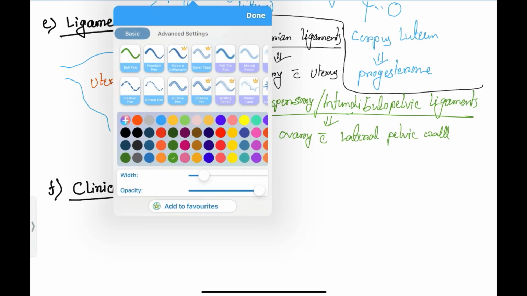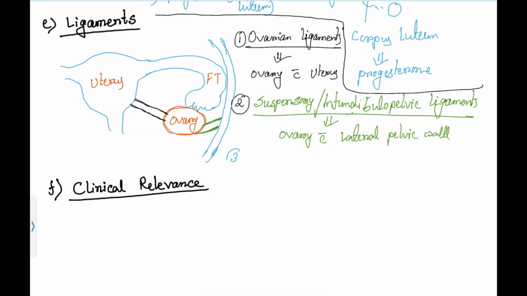Now your third ligament. The third ligament is, you can say, the broad ligament. So where is your broad ligament situated?